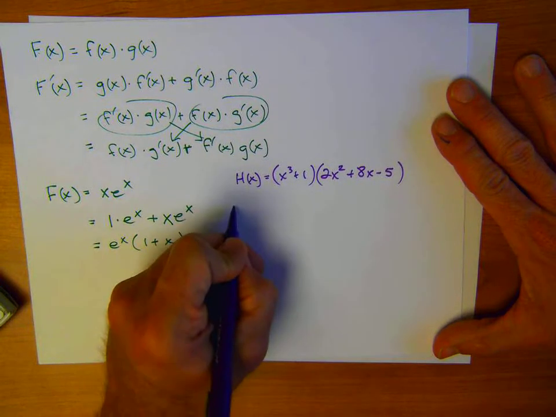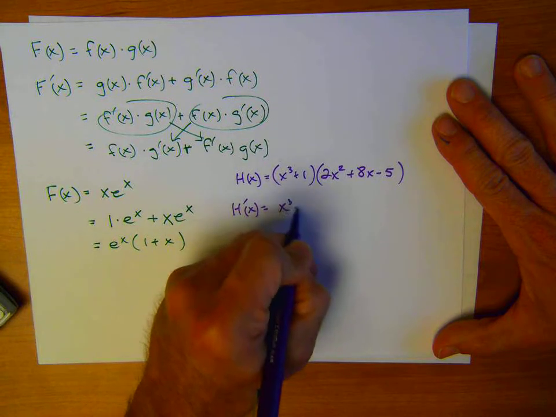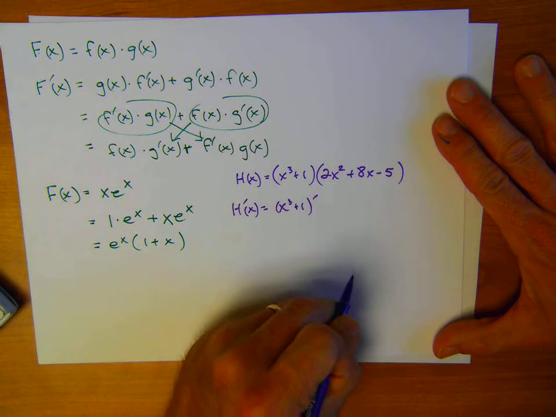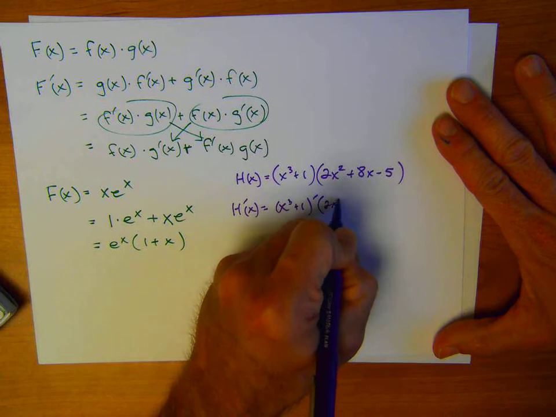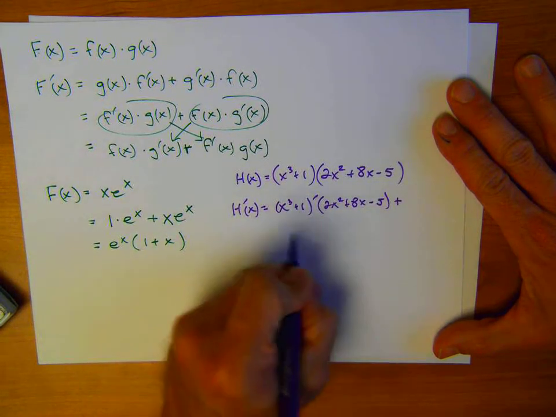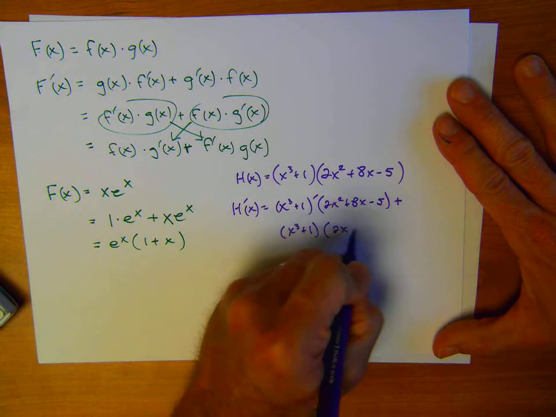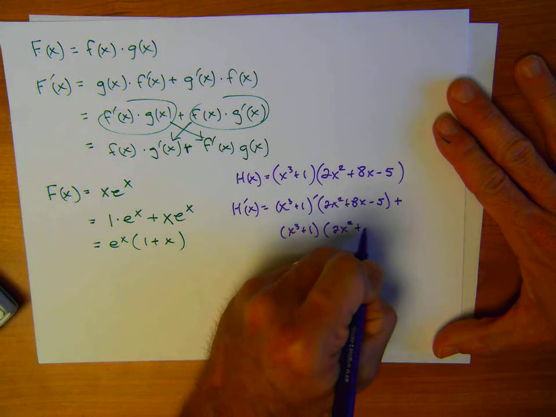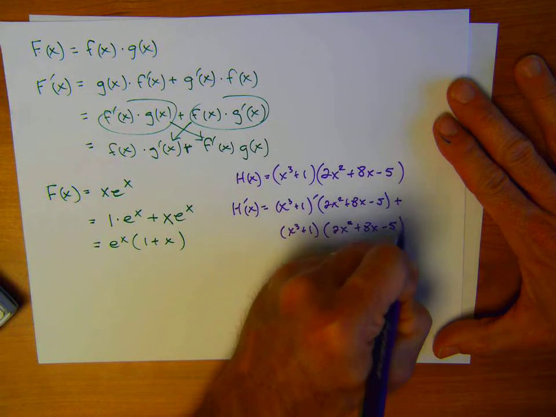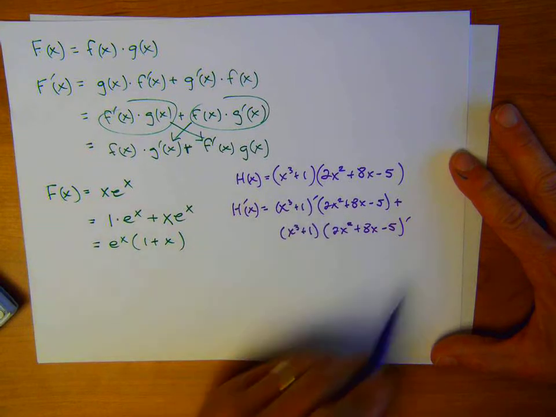All right, so for h prime, let me just first lay this out. I'm going to take the derivative of the first one times the second one, plus the first one times the derivative of the second one.